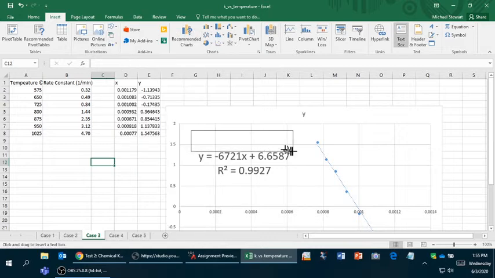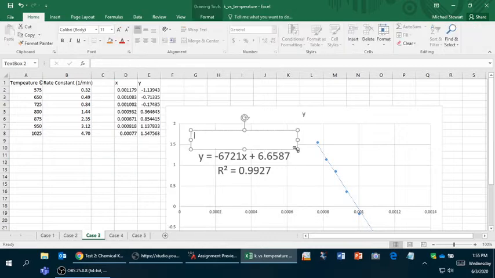Right above this, I'm going to put the Arrhenius equation. So we have ln of K equals minus EA over R times 1 over T plus the ln of our pre-exponential factor.